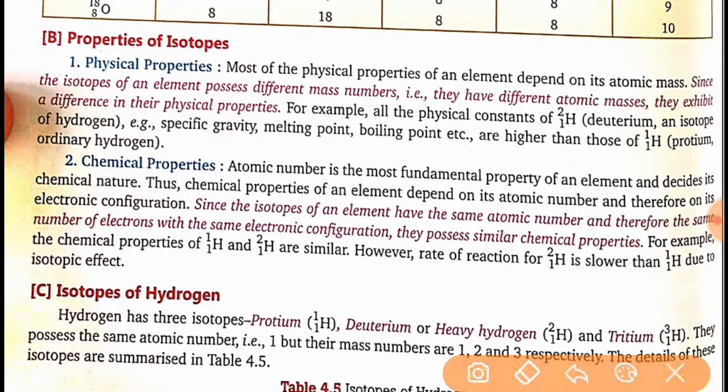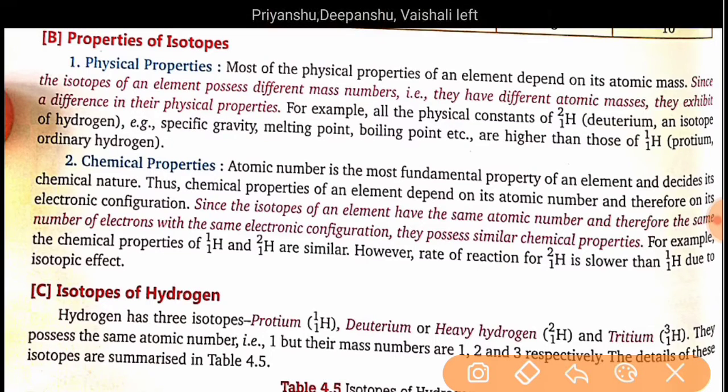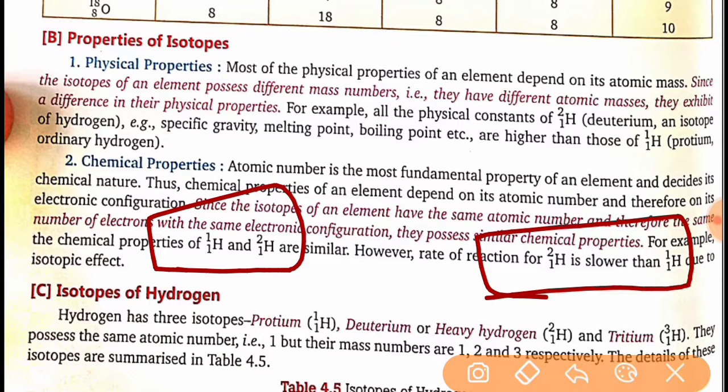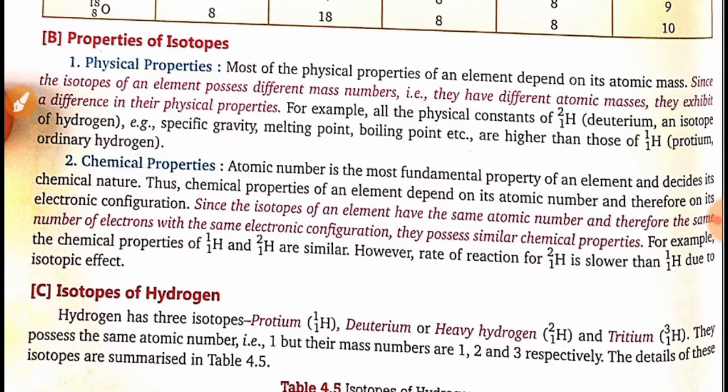If we take the example of 1H1 and 1H2, these are similar. However, the rate of reaction of 1H2 is slower than 1H1. Their chemical properties are same but the rate of reaction is somewhat slower, due to the isotopic effect.